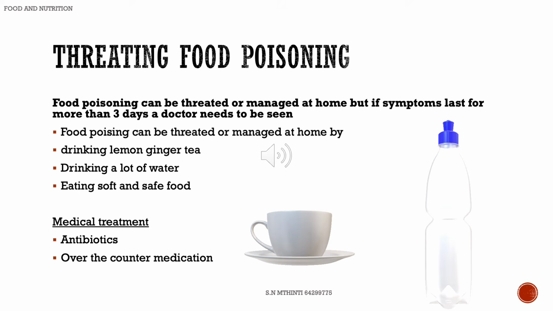Food poisoning can be treated or managed at home by drinking lemon ginger tea, and drinking a lot of water to flush out the bacteria or virus or chemical. Once you've experienced food poisoning symptoms and they start going away, start by eating soft food and make sure that it is safe and not contaminated.